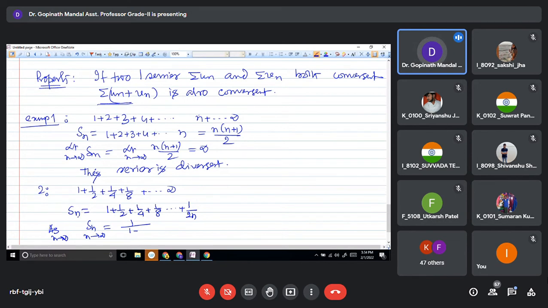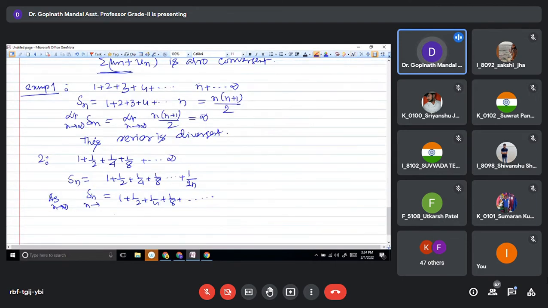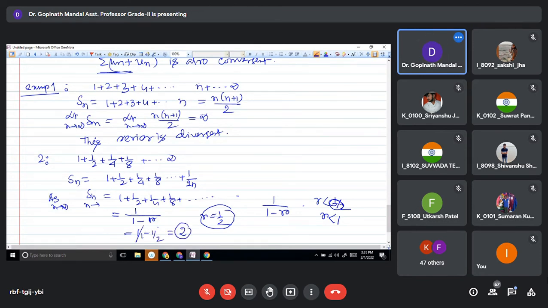Actually this is a GP. The sum of the series is a by 1 minus r, when r is less than 1. Here r is equal to half. So this is 1 by 1 minus half, so this is 2.